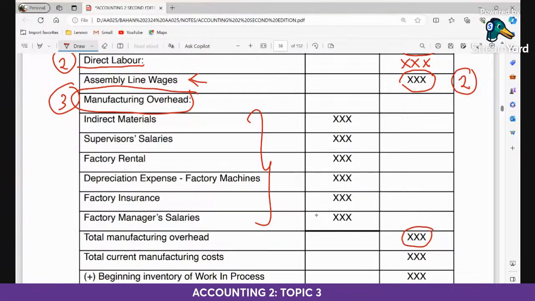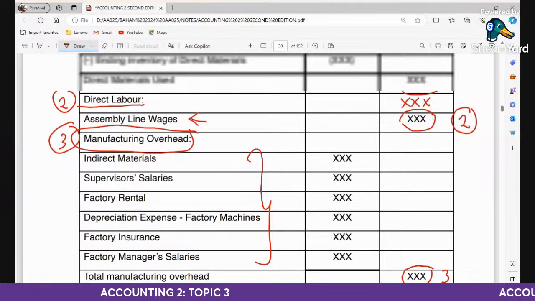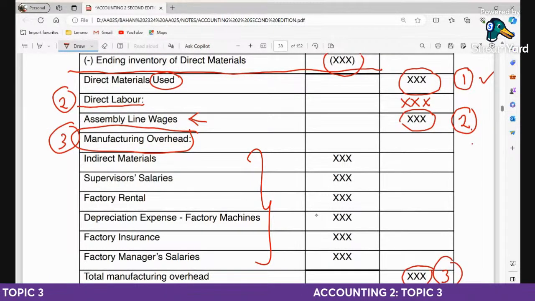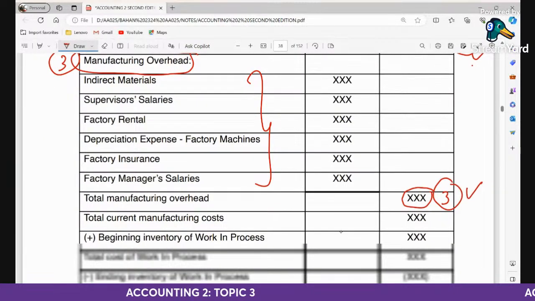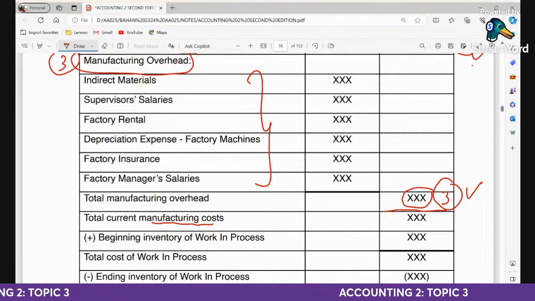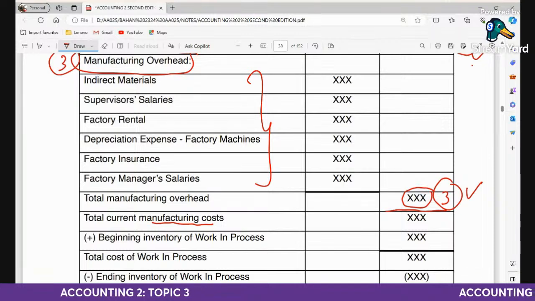Okay, so manufacturing overhead jumlahkan. This is item 3. Okay, so as you can see here, I have item 1, campur item 2, campur item 3. Saya akan dapat total current manufacturing cost. Maksudnya kos pembuatan semasa. Okay, itu yang berlaku untuk tahun ini.